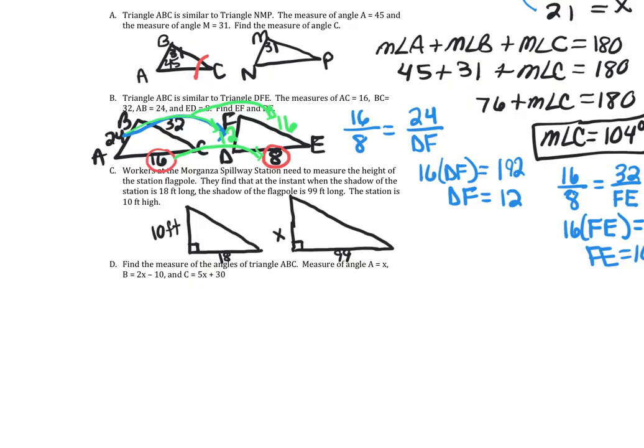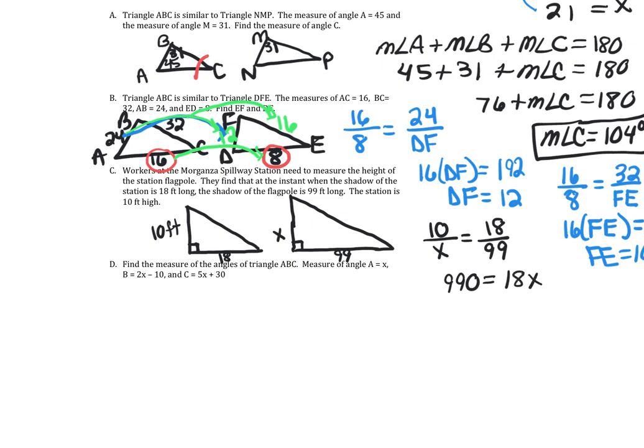But we set up our proportion. It would be left side 10 over left side x would equal bottom 18 over bottom 99. And then we would cross multiply and solve. So 10 times 99 is 990, and then 18 times x is 18x.